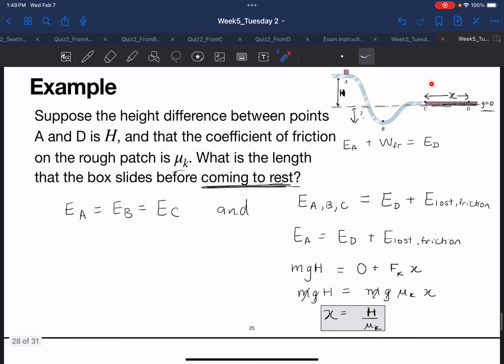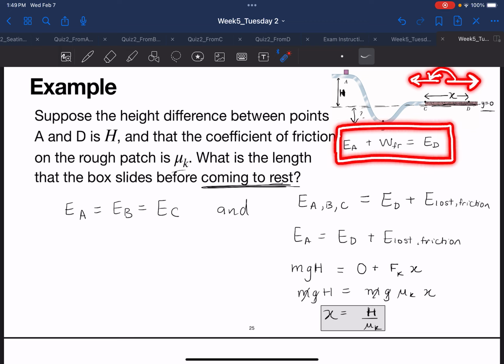Since the force is in this direction, you might ask: the displacement is to the right, so the angle between them is 180 degrees, so we should get negative work done. And yes, that is absolutely true. If you use this version of the energy conservation equation, you would get a negative amount of work done on the left-hand side.